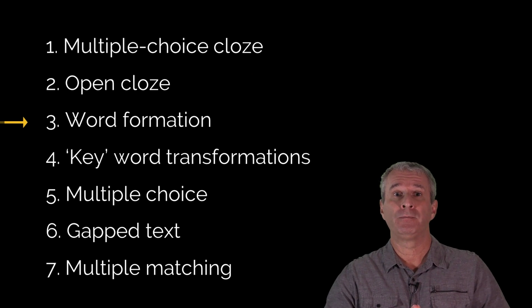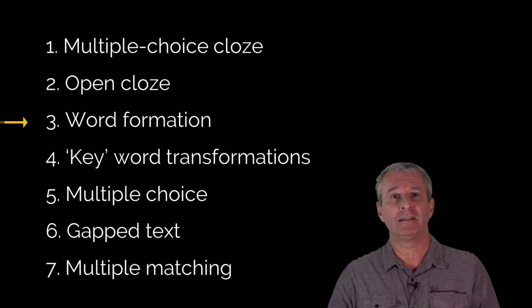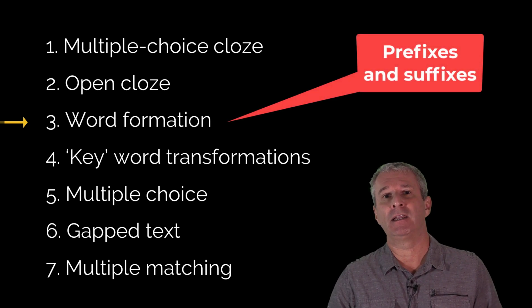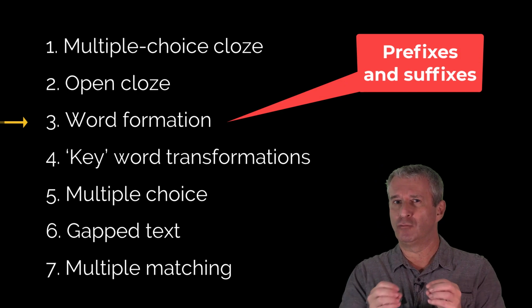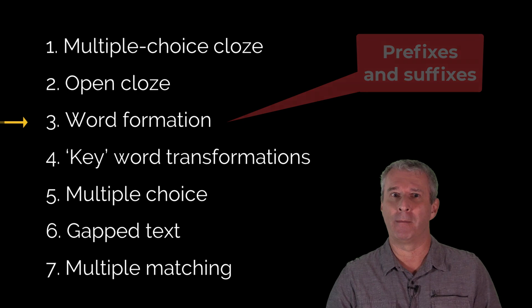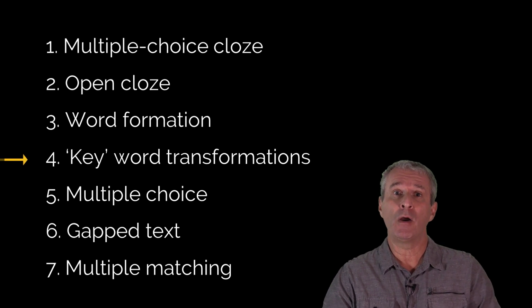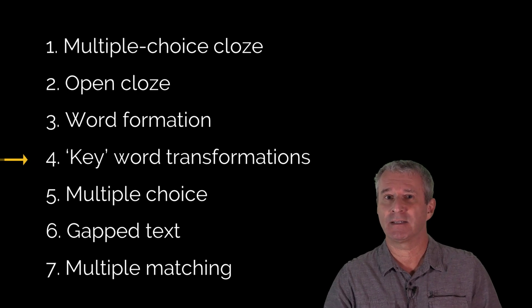Part 3 is called word formation. You read a text and then change 8 root words to fit the text in the correct form. In part 4, that's the key word transformation exercise.